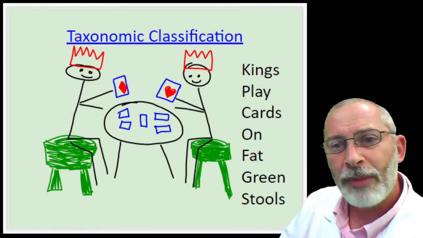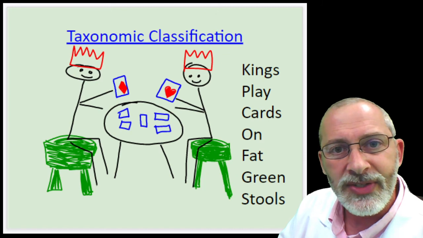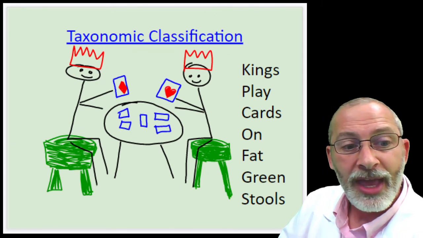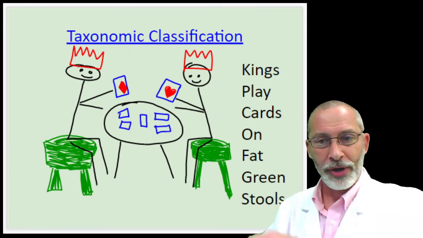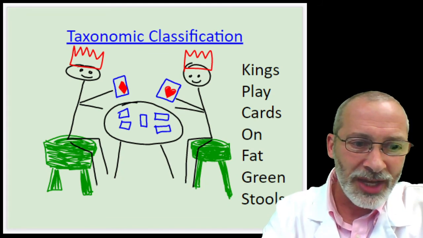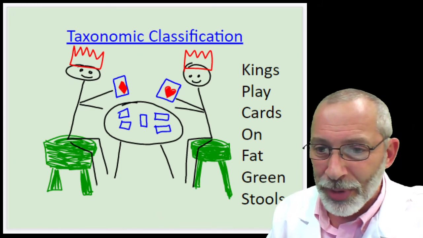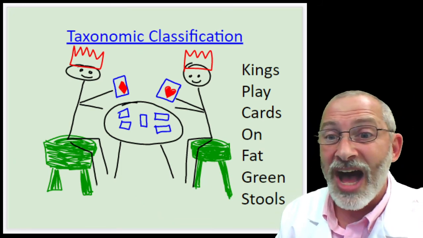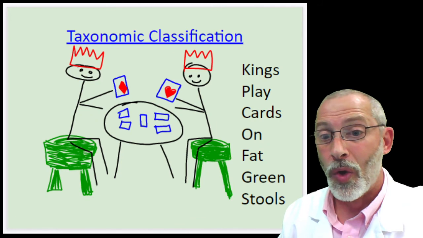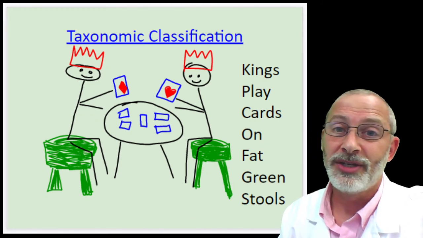I can see that picture and I can remember that silly little phrase pretty easily myself. And if I remember the first letter of each of those words, then it becomes easier for me to remember kingdom, phylum, class, order, family, genus, and species.